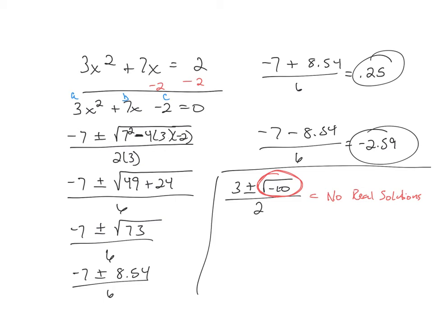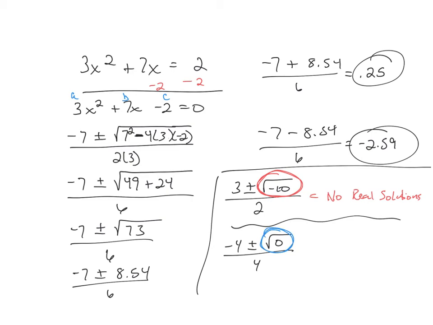Okay, and let's say you're on a different problem. You're doing your work and you get negative 4 plus or minus square root of 0 over 4. Okay, this 0 is not positive. Square root of 0 is 0.